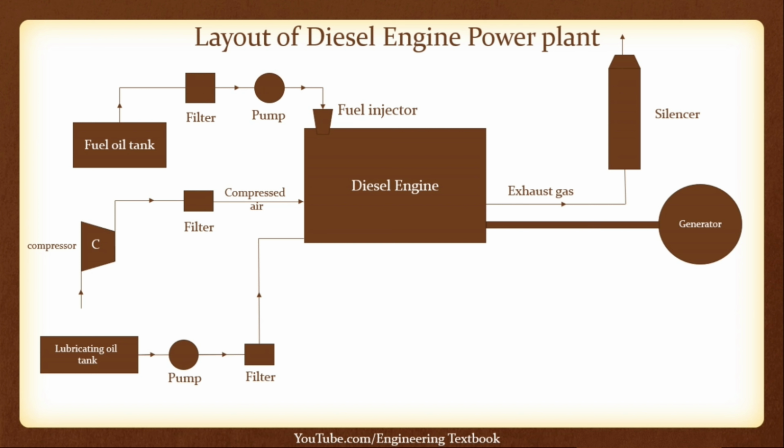Lubrication system consists of a lubricating oil tank, pump, and filter. The purpose of the lubrication system is to reduce the wear of engine moving parts. Components of the cylinder such as piston, shaft, and valves must be lubricated.